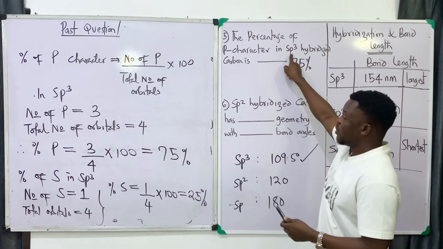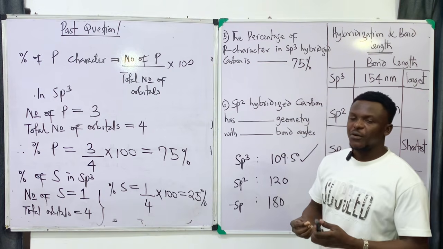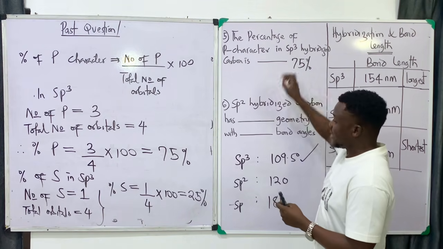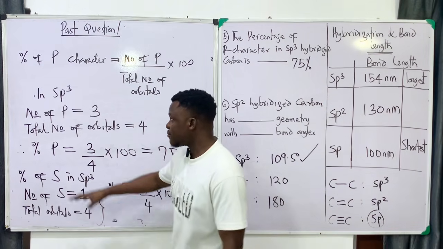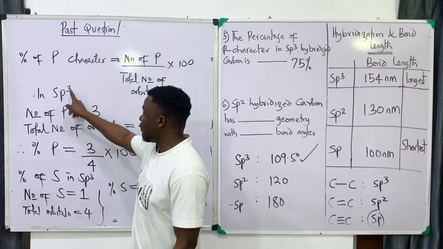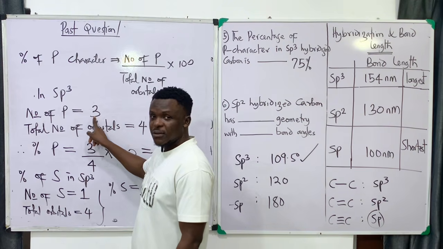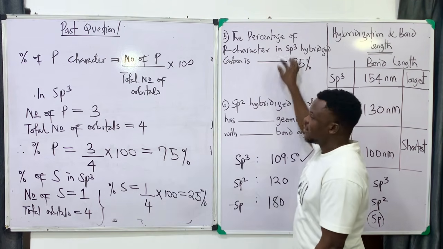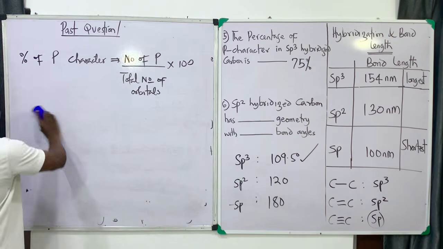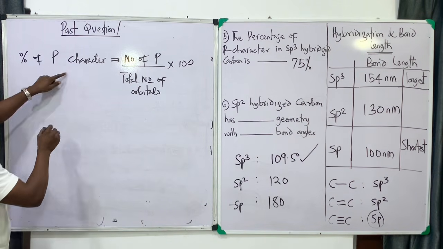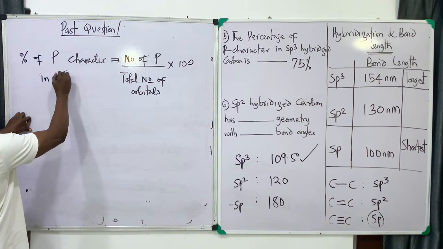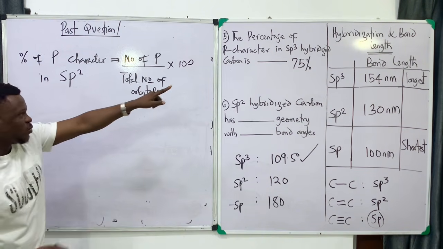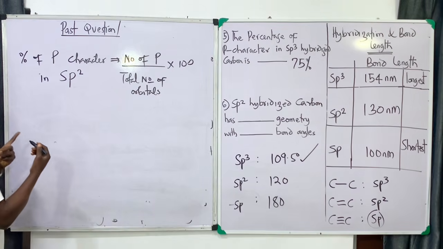Remember, this sp3 you're seeing here can be changed from sp3 to sp2. If they change it from sp3 to sp2, it simply means that the number of p here will no longer be 3, but it will now be 2. So take note of the hybrid orbital in question. If they had said percentage of p character in sp2 and not sp3, this is what we would have gotten.